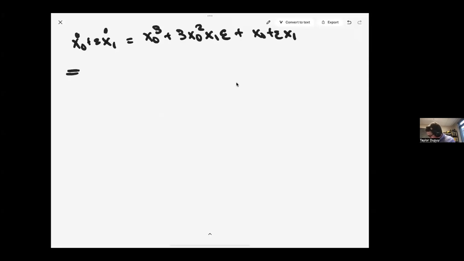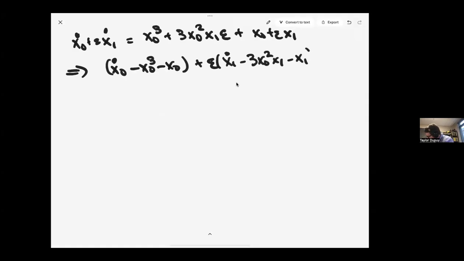And so what you end up getting when you work it out is x0 cubed minus x0, plus epsilon times x1 derivative minus 3 x0 squared x1 minus x1, like this, equals 0. This thing vanishes because x0 is the solution, right? And then this thing here is now a linear differential equation, a linear ODE. And so this is the linearization that you get.